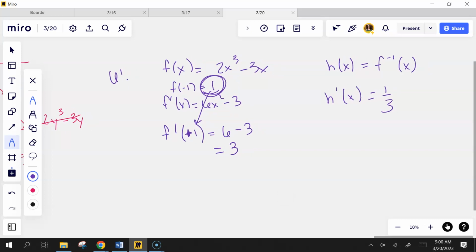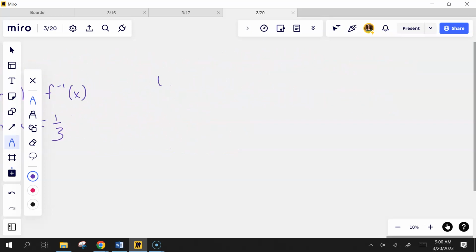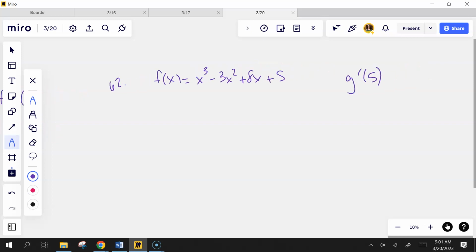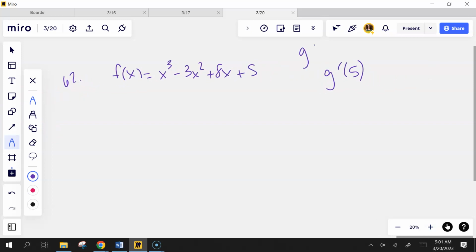So, okay, which other one? 62 does the same thing? Oh, that's a composite. Let me do 62 first. Let's make sure this comes back, that what I'm saying works. Okay, f of x is x cubed minus 3x squared plus 8x plus 5. Again, I want g prime of 5, but g of x is the inverse of it.